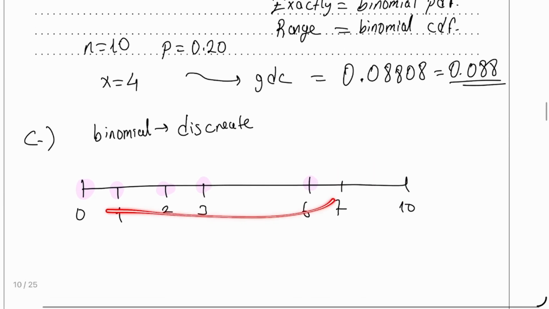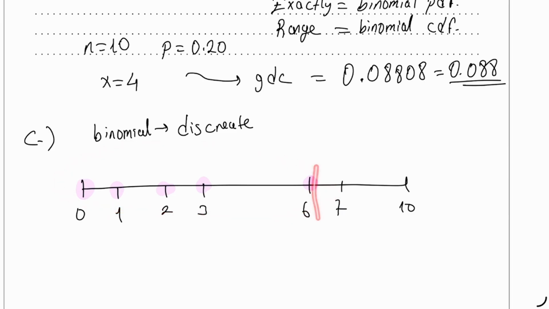Or you can use the other way, like maximum value 6. So number of trials, 10 people. I'm going to find this red part, 7, 8, 9, 10, and I will subtract it from 1.